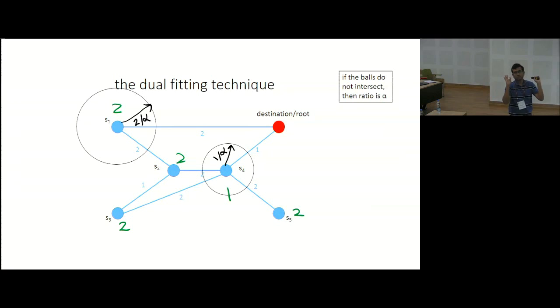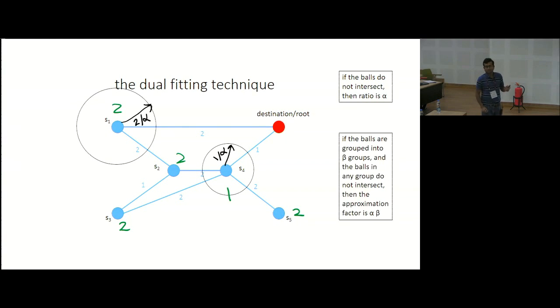Okay, so we have this setup. Now things are a little more complicated typically. Things are usually a little more complicated in that typically we won't be able to show that in fact these balls are non-intersecting. For showing that, what we typically need to do is actually group these balls into multiple groups.